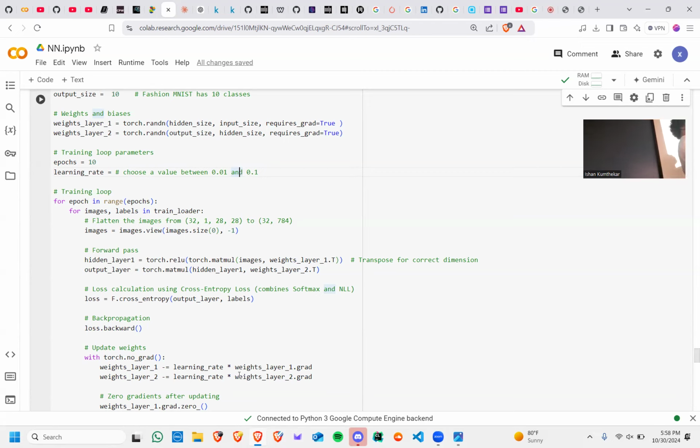Then you put them through a ReLU function, that's the activation function. Now you get the output at hidden layer 1. You do this again by taking the output at hidden layer 1 and multiplying it by the second layer's weights. And at the end of it, you'll get something that's called an output.